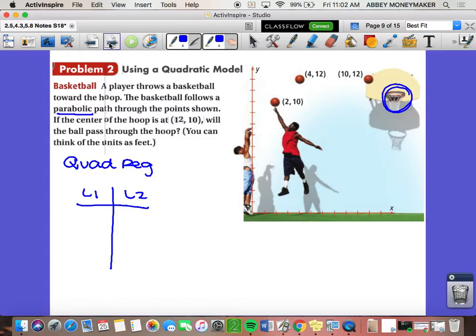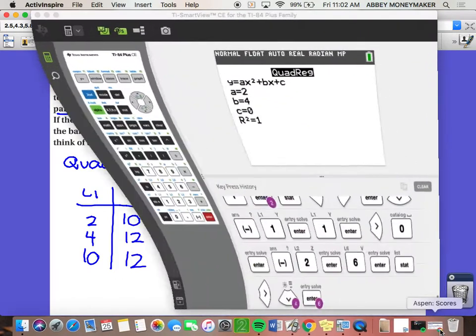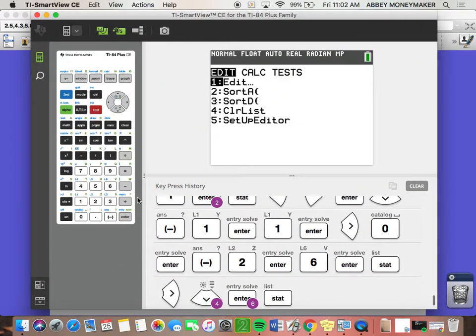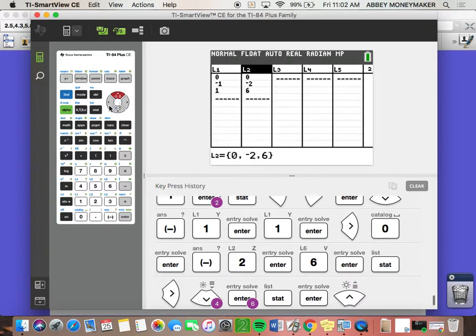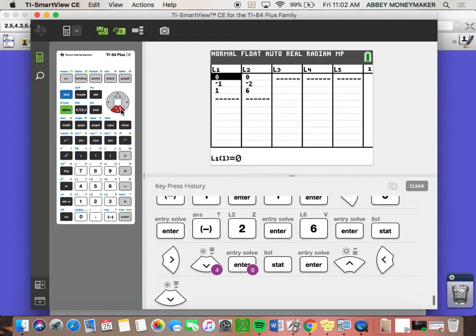So in L1, we're typing 2, 4, and 10. In L2, we're typing 10, 12, and 12. So stat edit. Also, you can type over what's there.